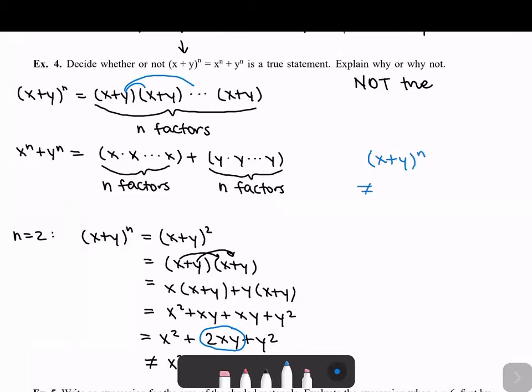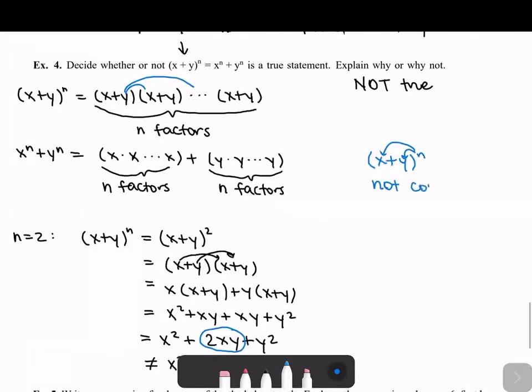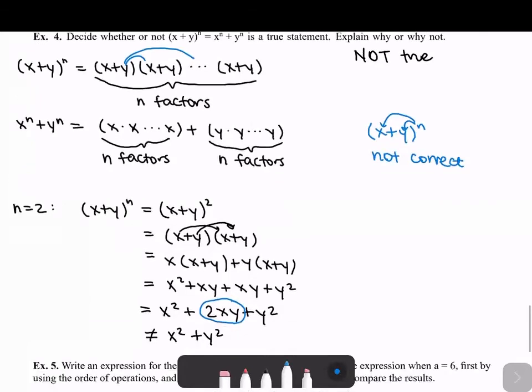You might want to think that we can put this exponent on each of our variables, but this is not correct, right? We just showed why you cannot distribute exponents: you won't end up with the same thing.